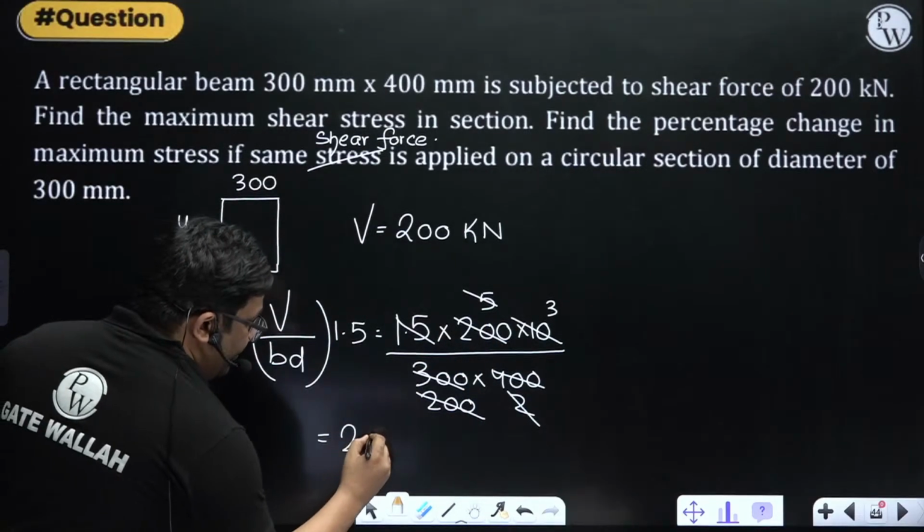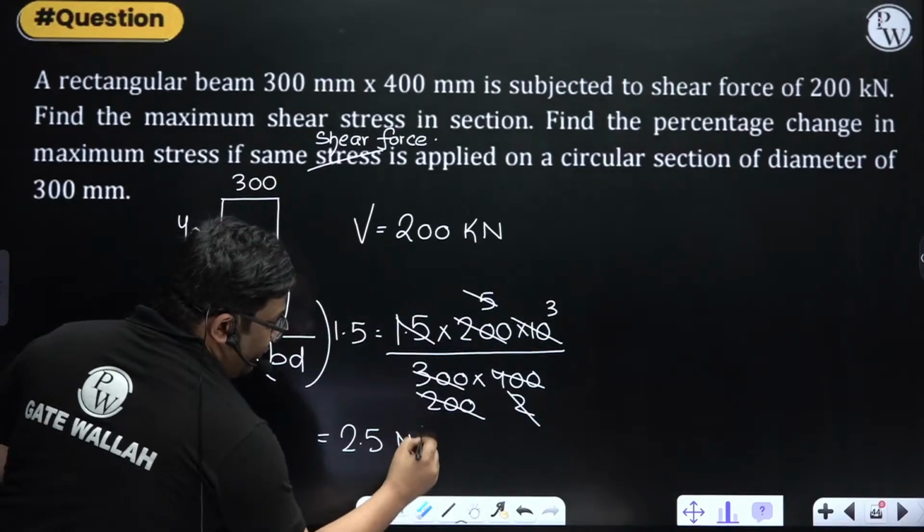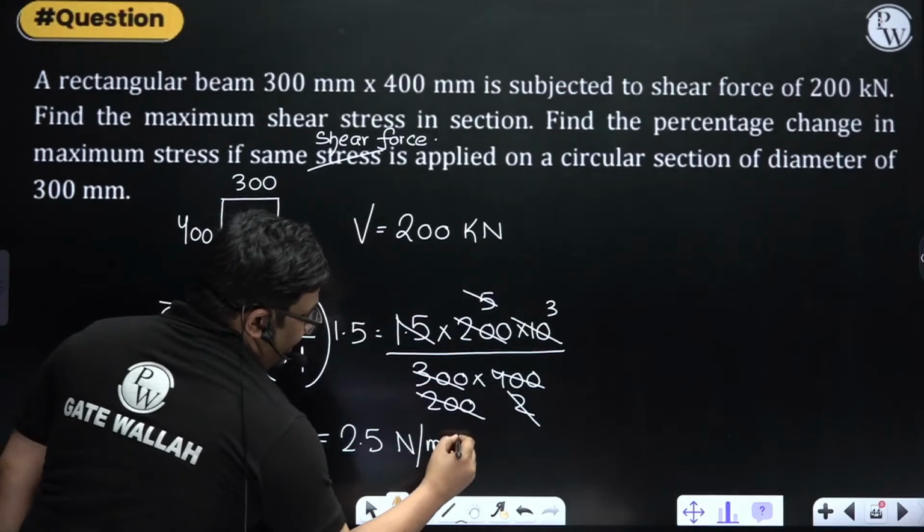So for a rectangular section, it is 2.5 Newton per mm square.